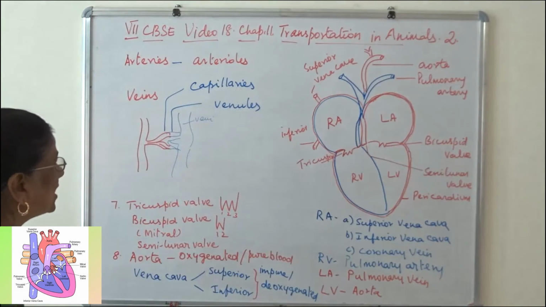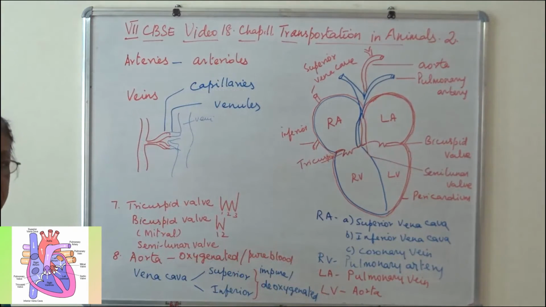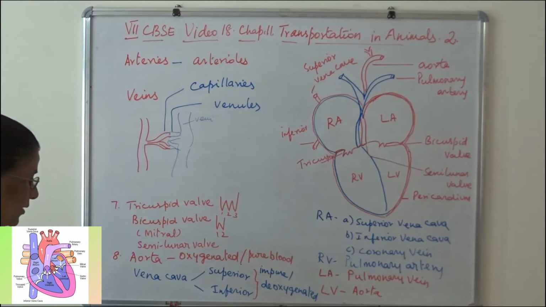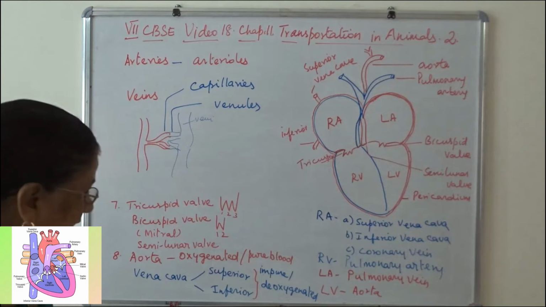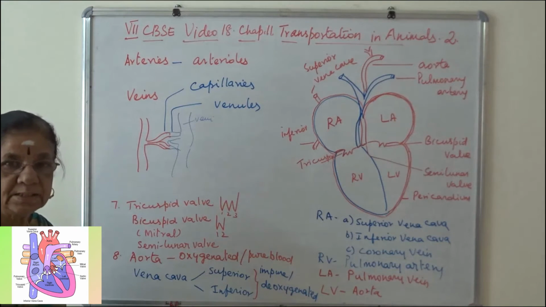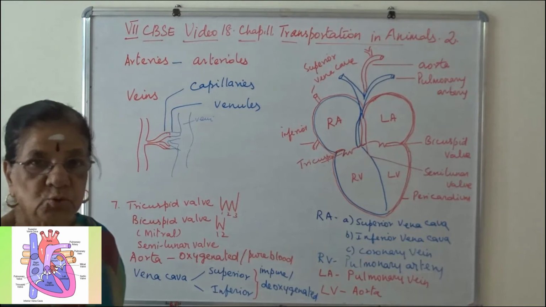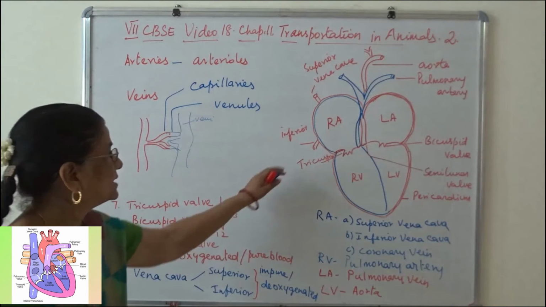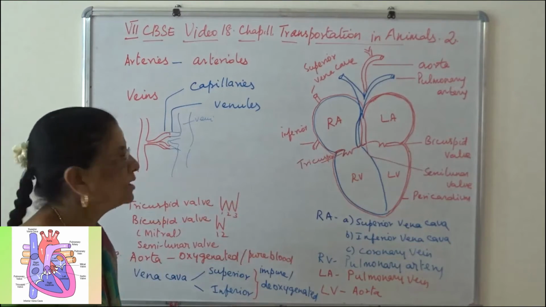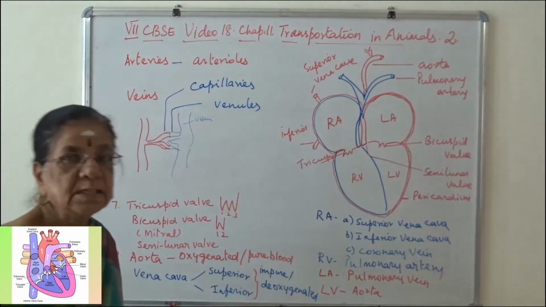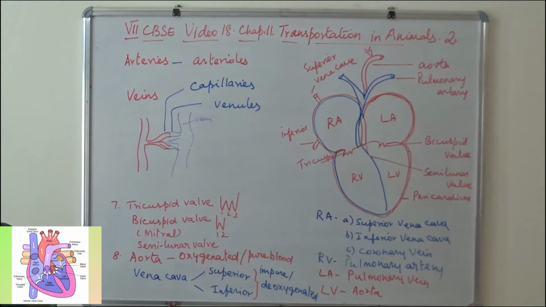So that is capillary ending as venules. Now we say aorta distributes through arteries, whereas veins collect impure blood and reach the heart through the lower portion as inferior vena cava and the upper portion as superior vena cava.